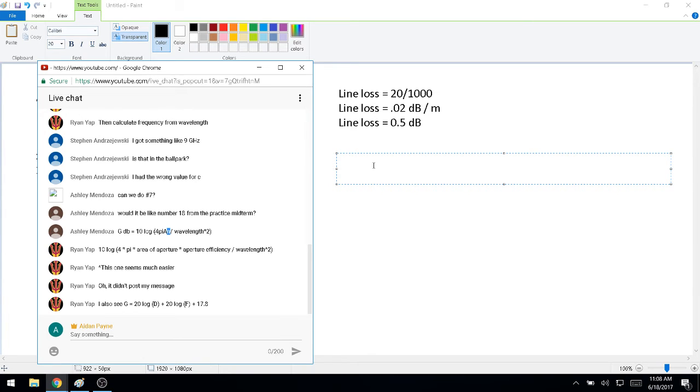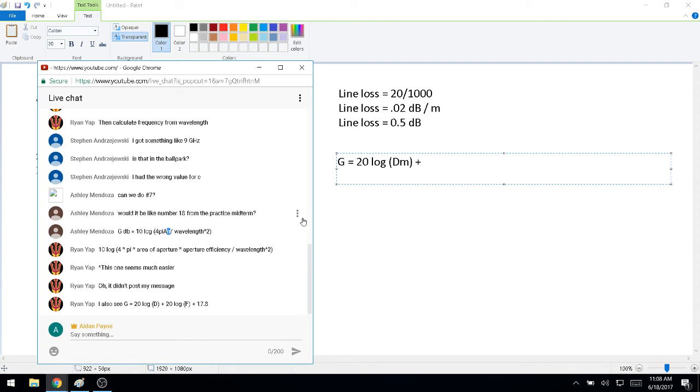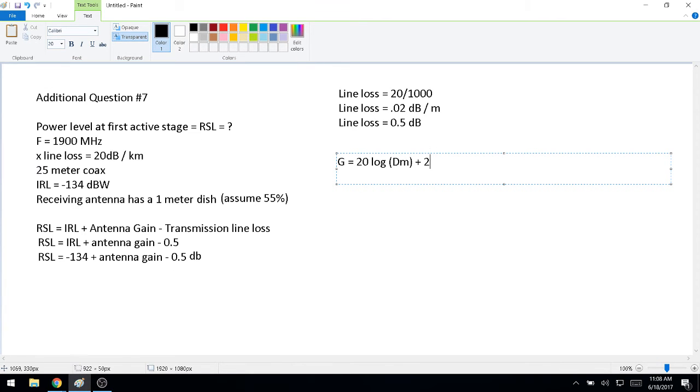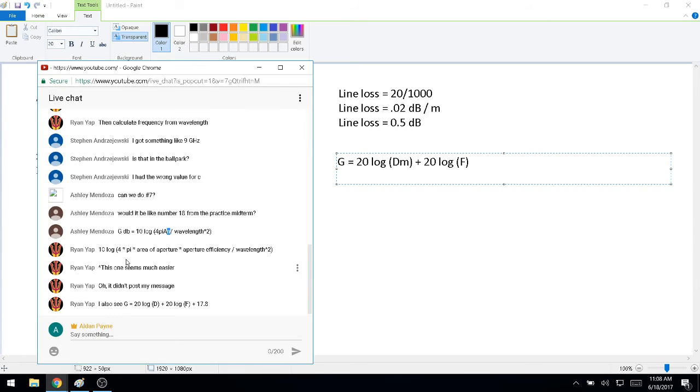So Ryan's shortcut formula is gain equals 20 log diameter in meters plus 20 log frequency. And again, this is just the formula that I used the first time, so I'm more familiar with it. But you should be able to do it with the other antenna gain formula as well, which was originally posted.